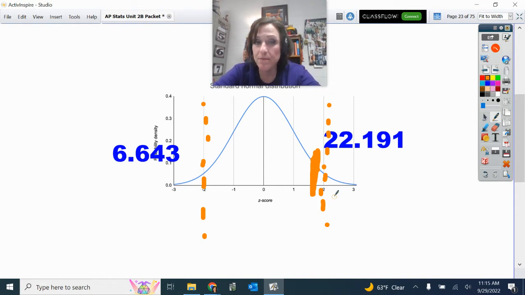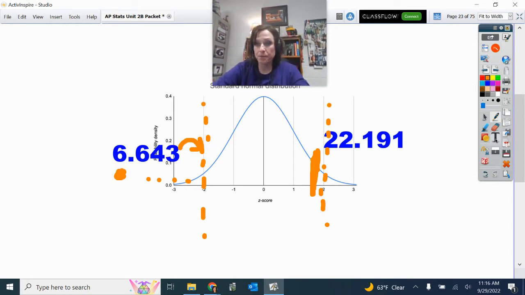But now look here again. The minimum was down here at 2. So if 6.643 is that fence, then the minimum is 2. And yes, there could be others, but I do not know what others there are.